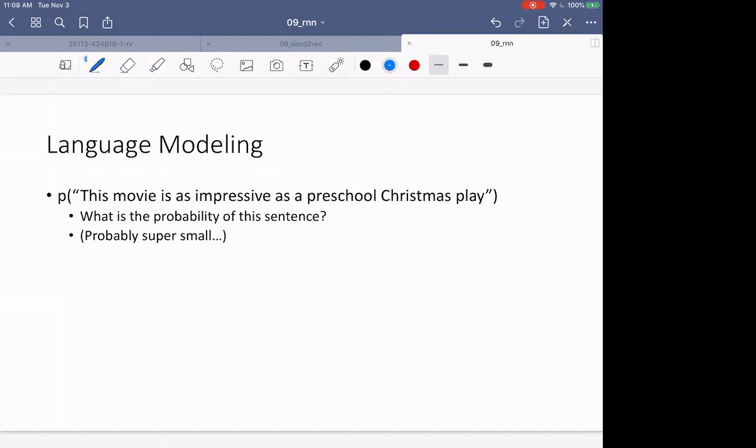And given a sentence like this, what's the probability of this sentence occurring? Which is a very weird question to ask because it's probably very close to 0. It's super small because, as I said, there are infinite amounts of sentences in the world. But we're still trying to quantify the probability of this specific example, which is kind of weird.